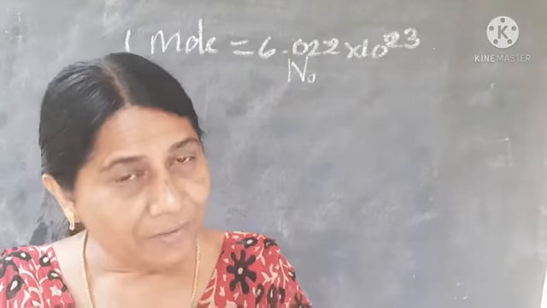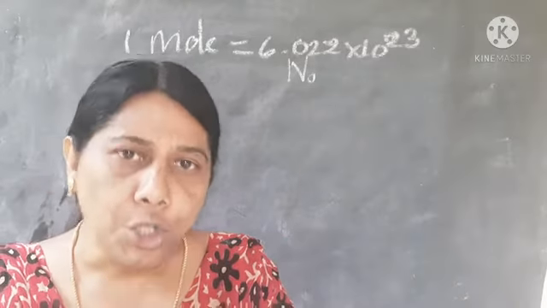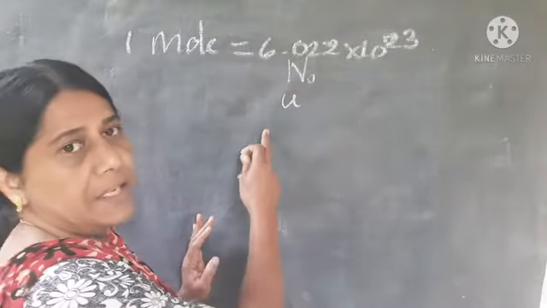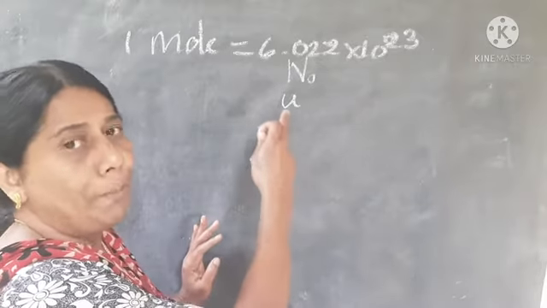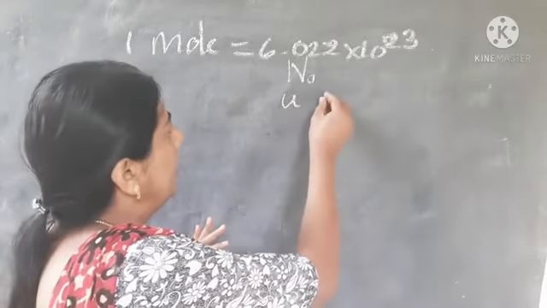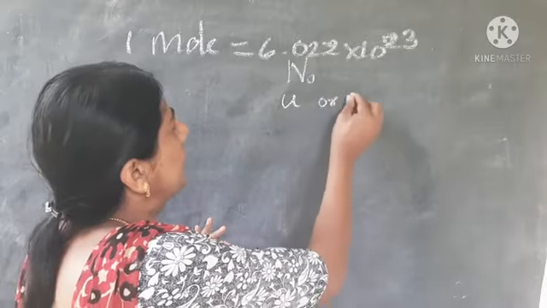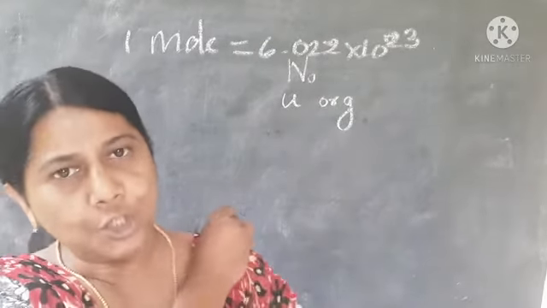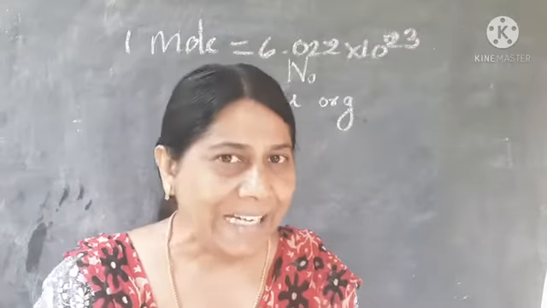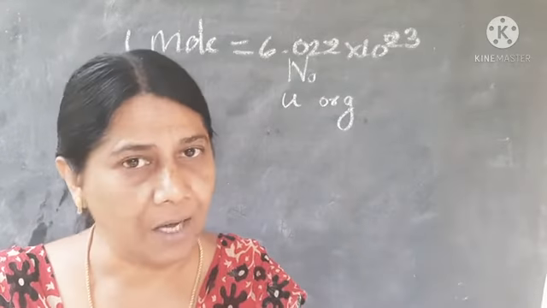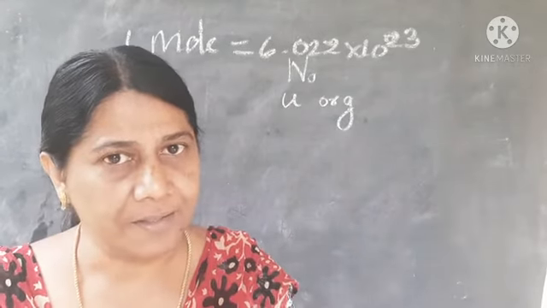So we can change the unit U into gram also, because U is the unit used to measure the atomic mass, and it can be changed into gram because 1 mole is equal to the relative atomic or molecular mass of the substance.